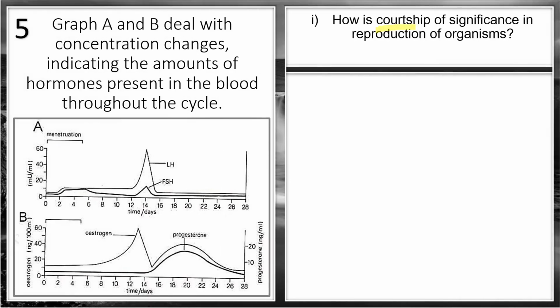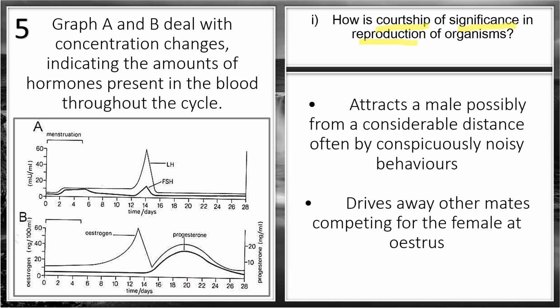How is courtship significant in reproduction of organisms? It attracts the males, possibly from a considerable distance, often by conspicuous noisy behaviors. It can drive away other males competing for the female in oestrus.